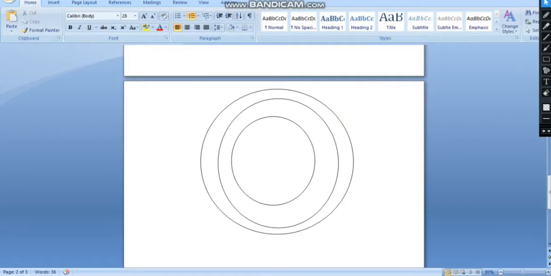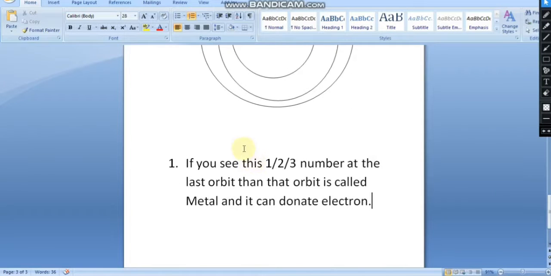Now friends, if the last orbit has 1, then it is called metal. Sorry, it will be called metal. Now friends, what is written in the statement? If you see these numbers at the last orbit, then it can donate, or it is called metal. Now how can it donate?